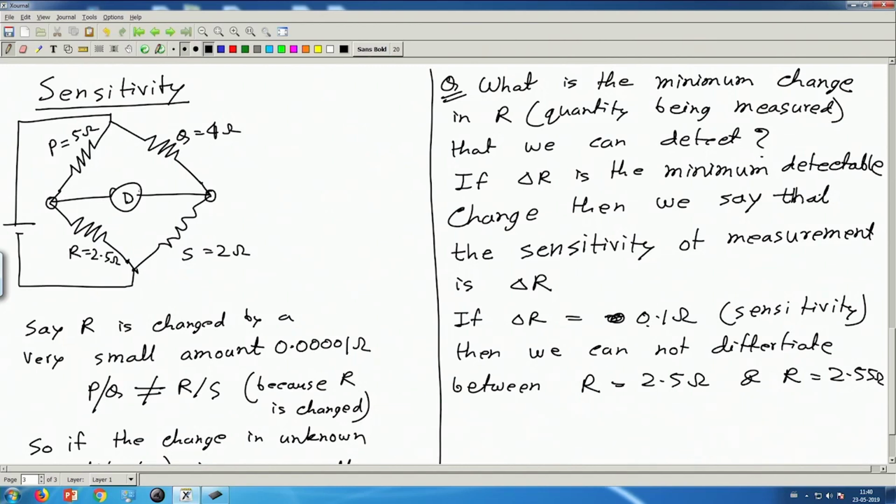The pointer does not move at all, we cannot observe any pointer movement. So, this is the meaning of the sensitivity.